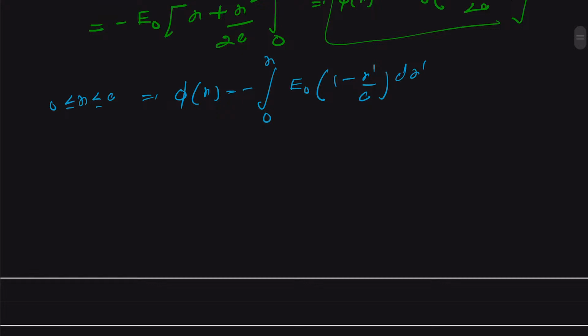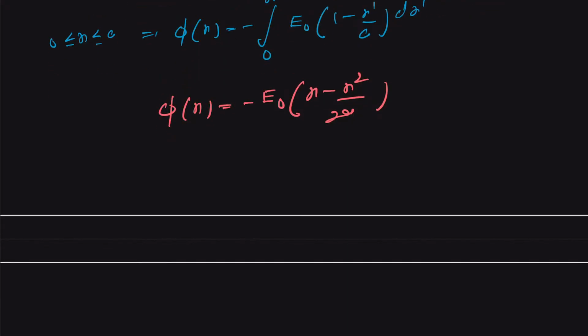So in this second case, we get that our potential is equal to minus E naught x minus x square upon 2a. Now we simply put x is equal to a and try to solve.